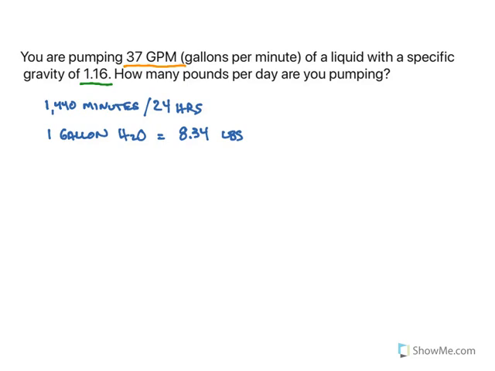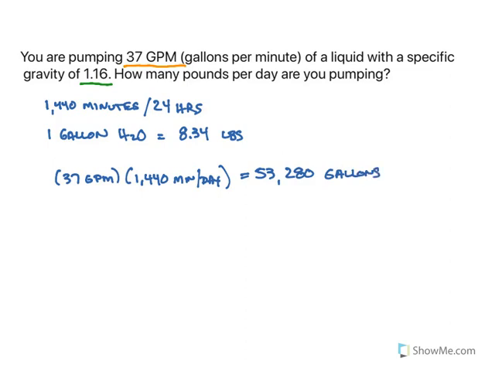And the way that we do that would be like this. So 37 gallons per minute times 1,440 minutes in a day equals 53,280 gallons.